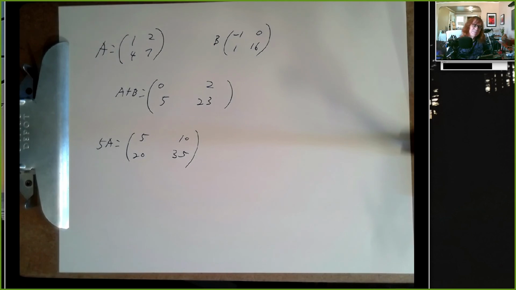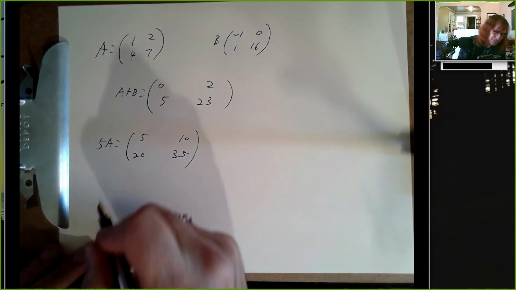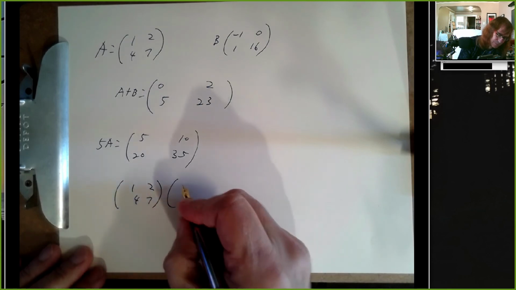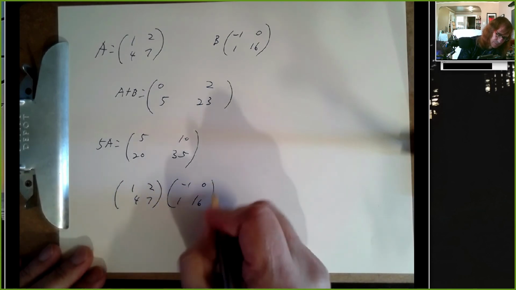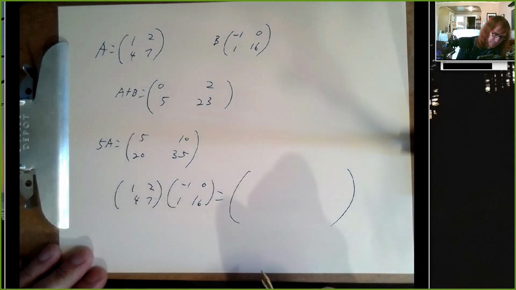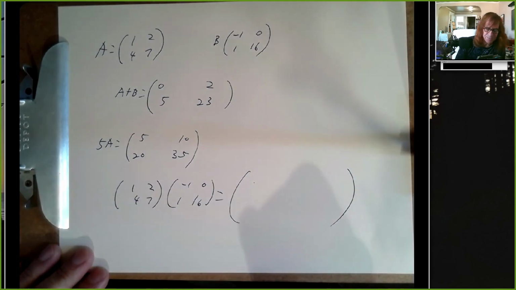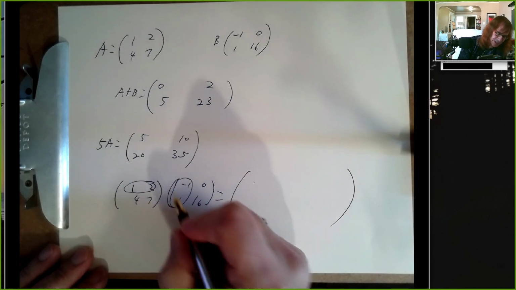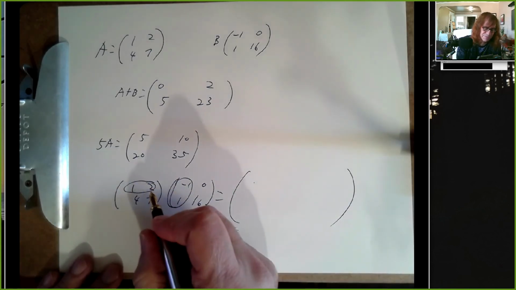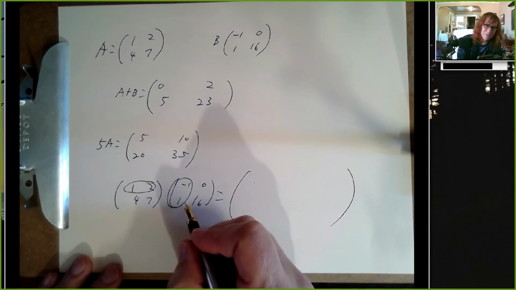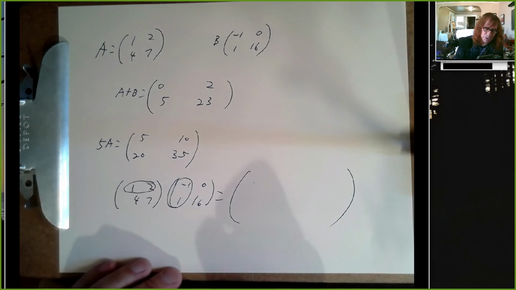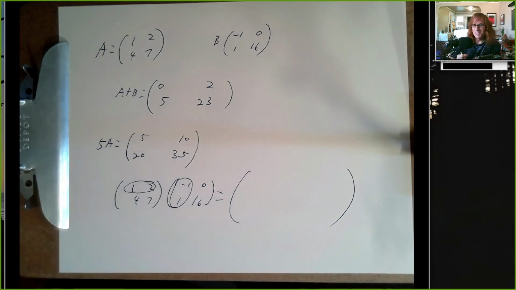And so multiplying matrices is a little bit of work. So this upper left entry we get by taking the first row of the first matrix and the first column of the second matrix, and doing what's called a dot product, which means multiply first element by first element, second by second, third by third, and take the summation.